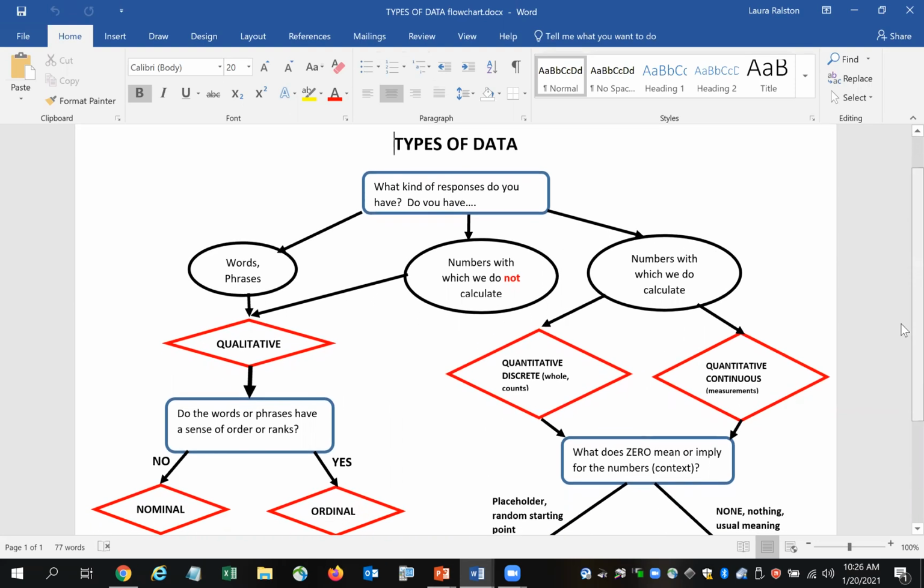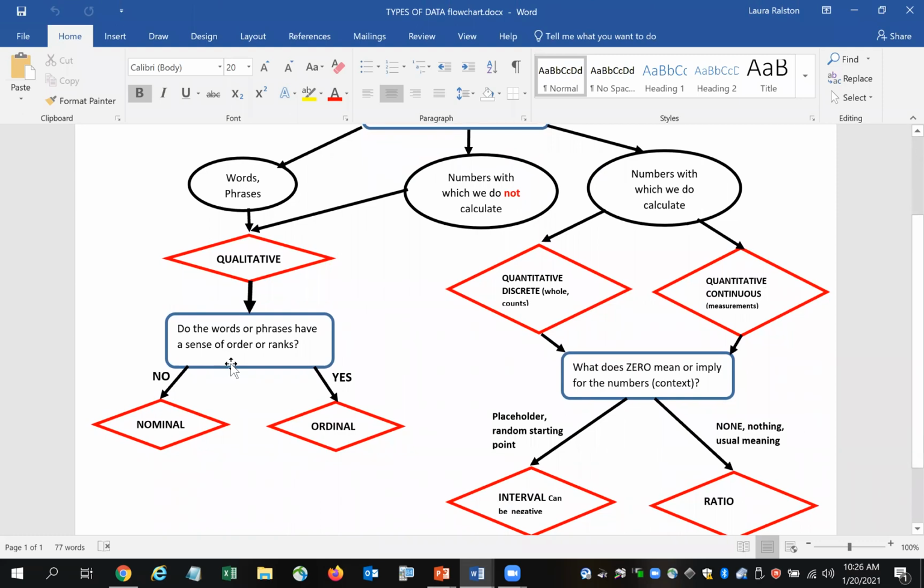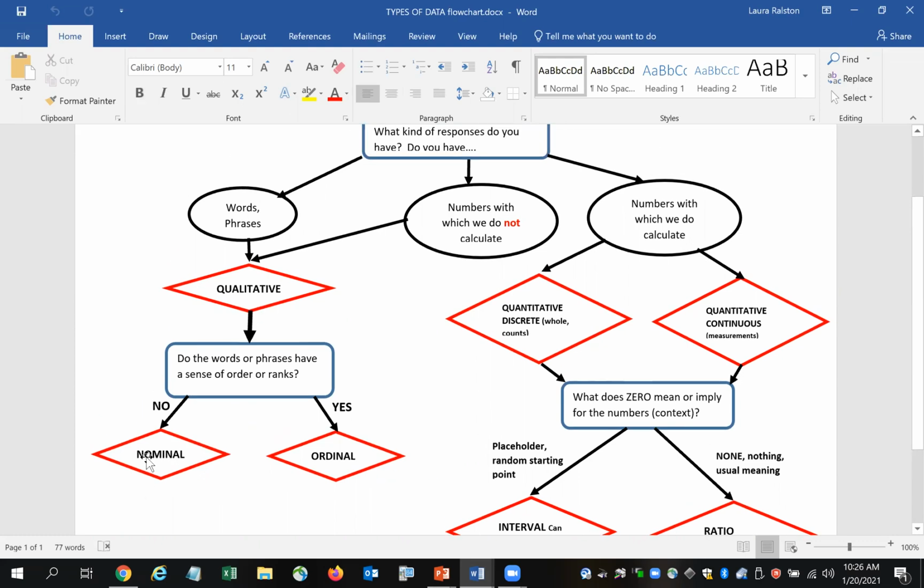And then I have to decide, is there a sense of order? Is having a red backpack better than having a black backpack? Not really. Maybe it's just a personal preference. So we would say no, which means it's nominal. So the colors would be qualitative and nominal.